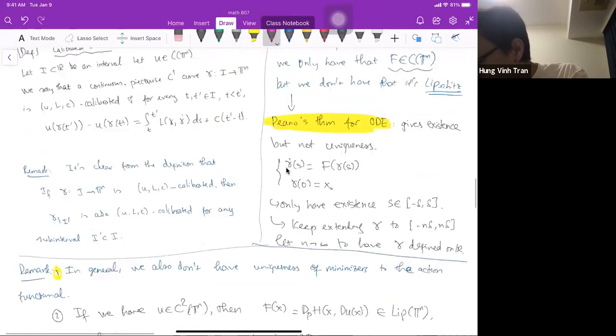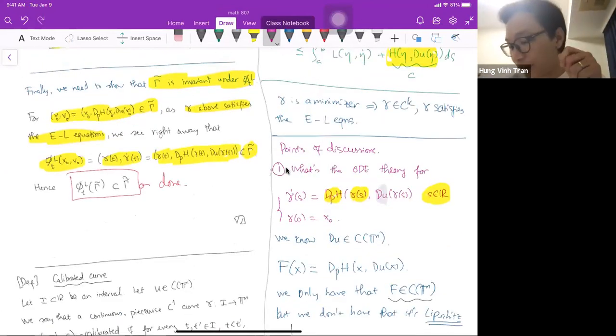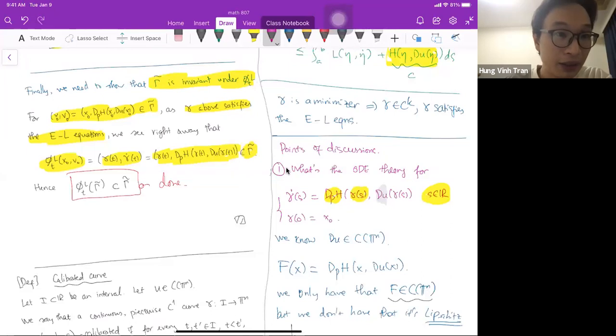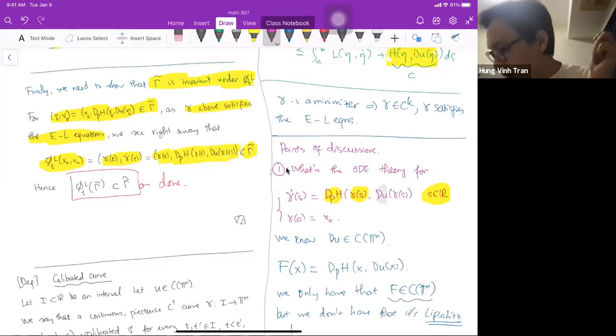So what you take is the Lagrangian flow, right? You start with x naught, v naught, and you start the Lagrangian flow, which is gamma, gamma dot, right? And gamma, gamma dot satisfy the Euler-Lagrange equation, right?